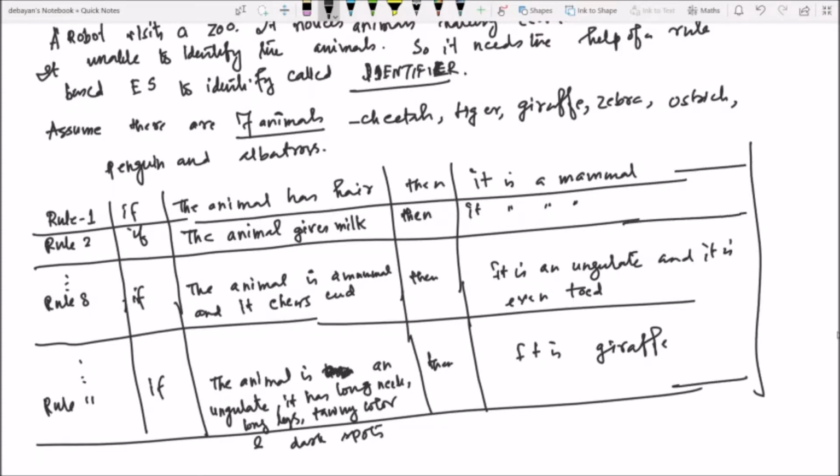Now what will happen? There are two procedures. In your examination it may come that there are two important ways in which rules can be applied in a rule based system.